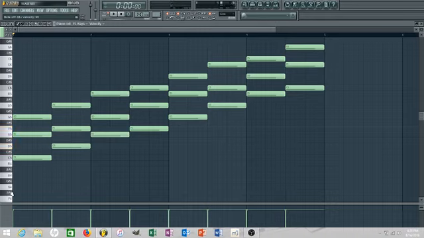Well, let's test it. Let's go up 3 half steps and see if we land on F. So we went up 3 half steps, which is a minor third. And now let's see what this next note's gonna be. So we went up 4 half steps there.